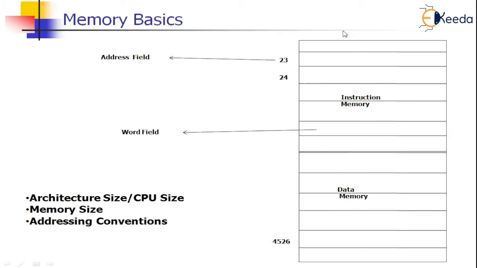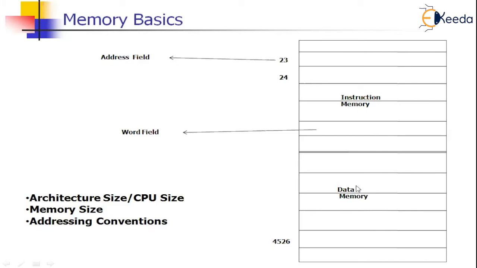For that, this memory should be divided into 2 physical parts. One is the instruction part and the other is the data part. In the instruction part, your instructions are going to be stored. In the data part, the data items of your instructions are to be stored.